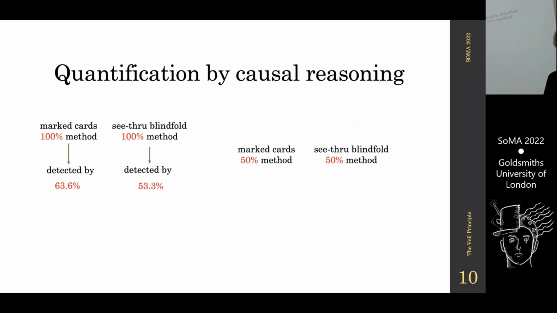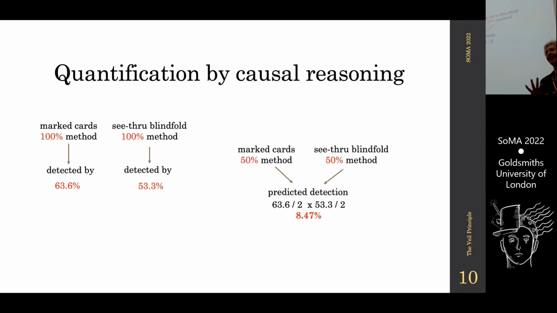Now we can make a prediction. By halving those percentages, when we put it together, what we get is 8.5% that can be expected to detect the method. Now, that's not exactly what we got, but it's pretty close.